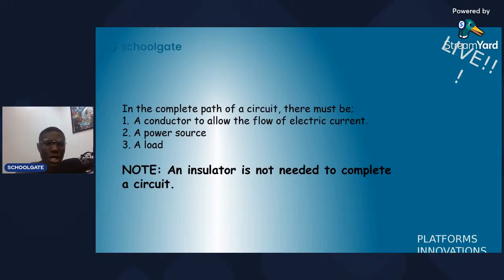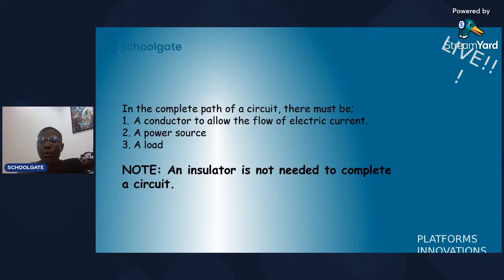It could be your connecting wires, or your copper wires, whichever one you are comfortable calling them. We also have a paper clip, which is also a good example of a conductor. We can use this paper clip to also complete the path of a circuit.